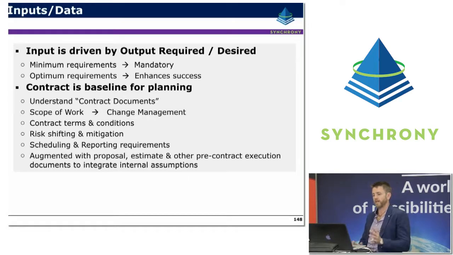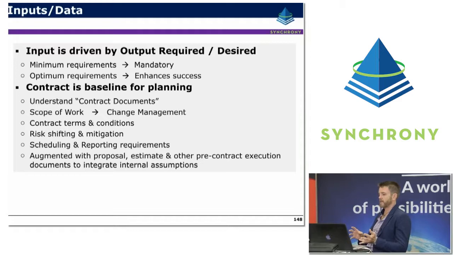Basically, the contract is the baseline for planning typically. So it's really important for an EVM practitioner to understand the contract documents, particularly as they relate to the definition of the scope of work. They might have particular rules in place for change management, for example. It's really good to be mindful of those.